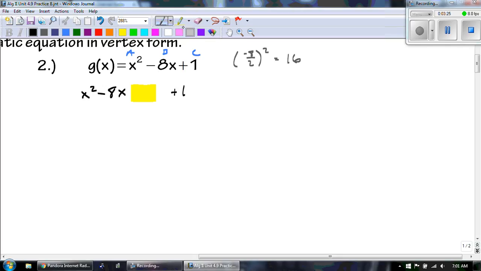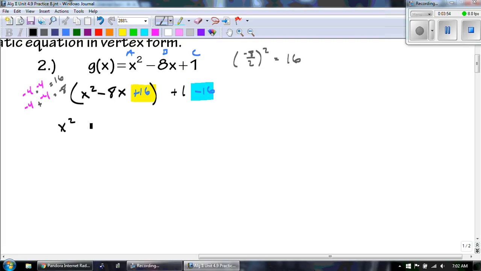And then we have plus 1 and then minus 16. Remember, we add the 16 and subtract the 16 to balance the equation out. Okay? And then over here, we're looking for numbers that multiply to get 16 and add to get negative 8. I want it to be the same number. And it's negative 4 and negative 4.